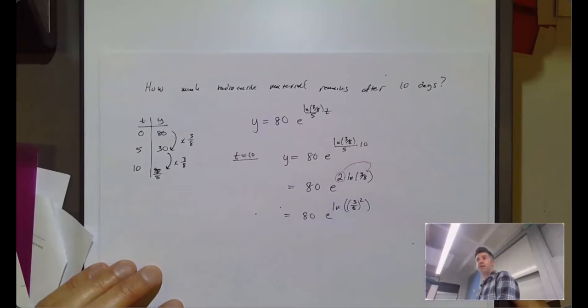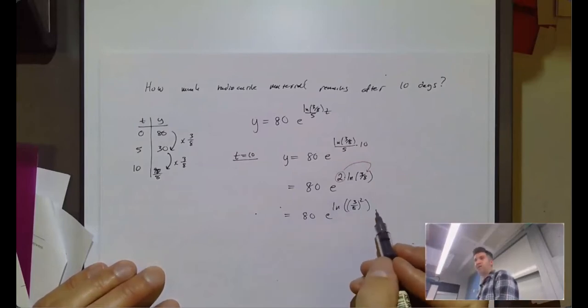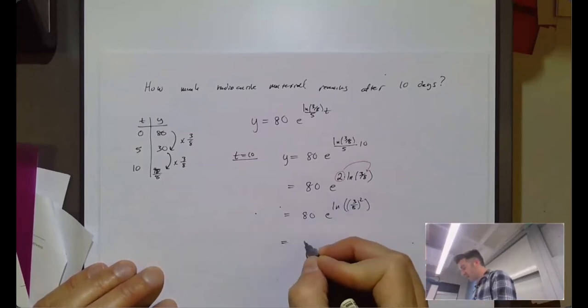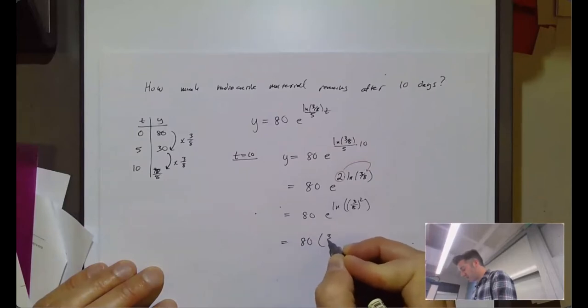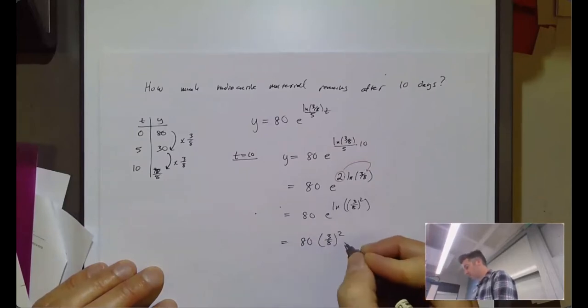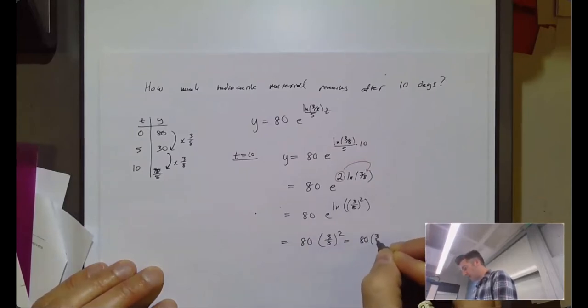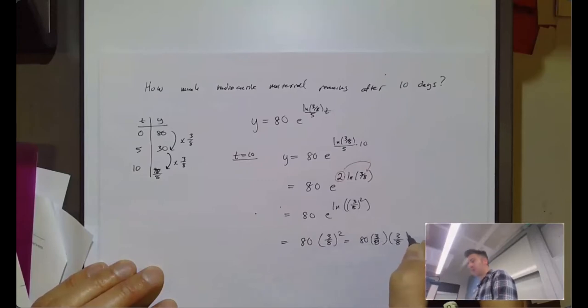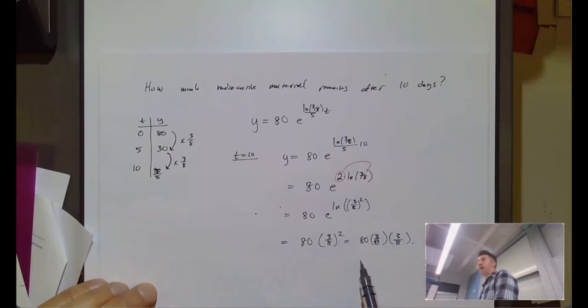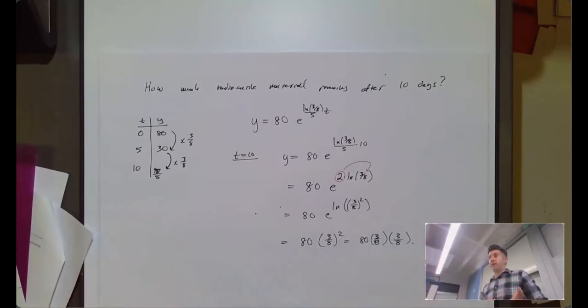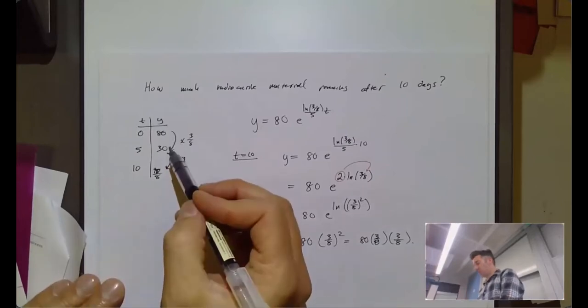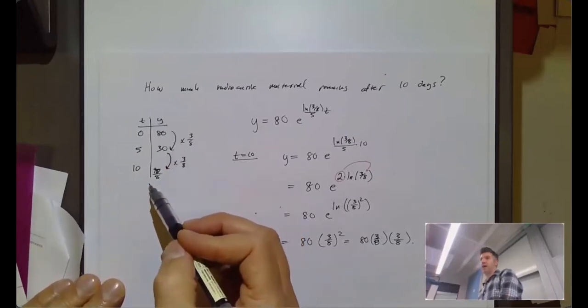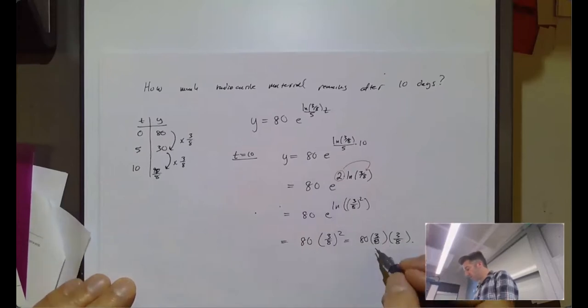But hey, look, e to the natural log of some stuff is just the stuff. This is 80 times 3/8 squared, which is 80 times 3/8 times 3/8. So each period of 5 days multiplies the amount of stuff you have by a factor of 3/8. We did it once to get to 30. We're going to do it again to get to 90/8. Kind of neat.